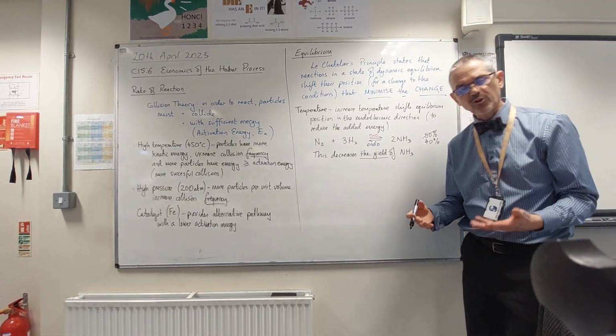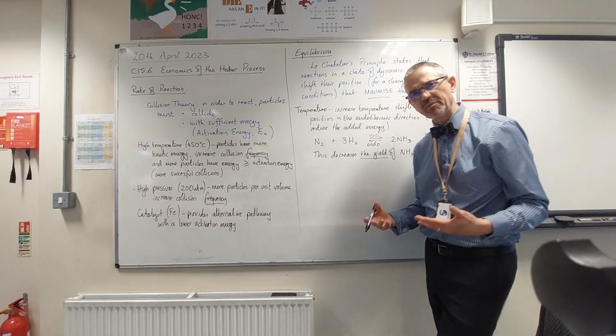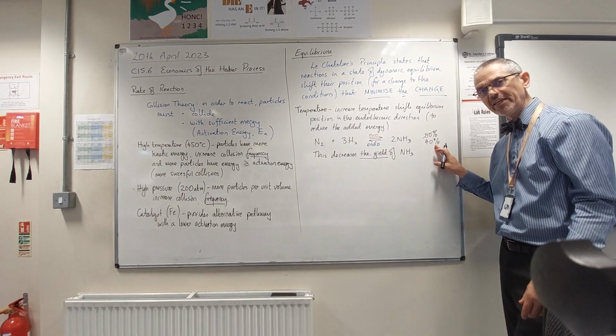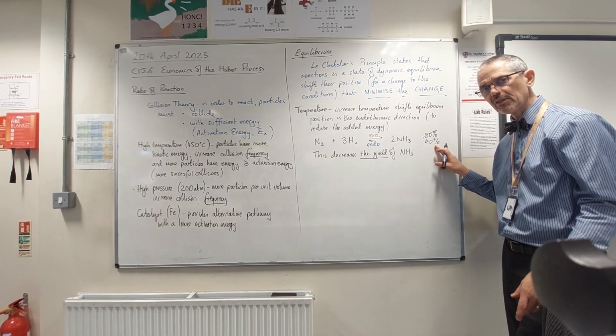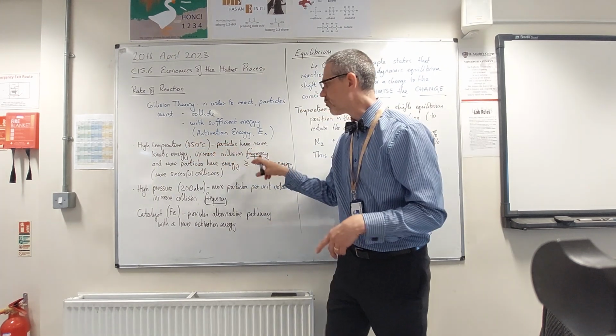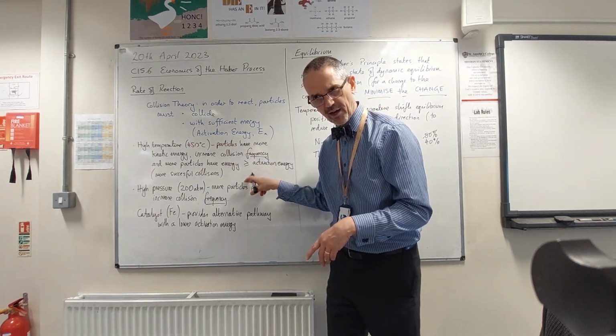So that's going to cause us a problem, right? We want the temperature to be nice and high, but if it's too high, my yield will be too low. But hang on, if the temperature's too low, the rate might be a bit slow as well.